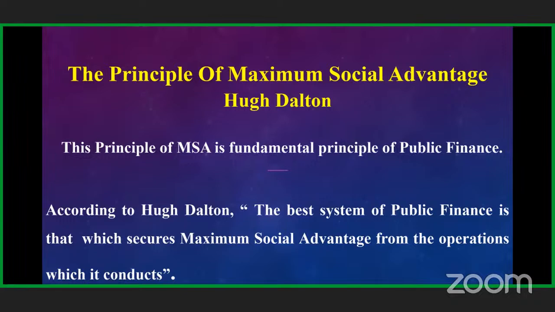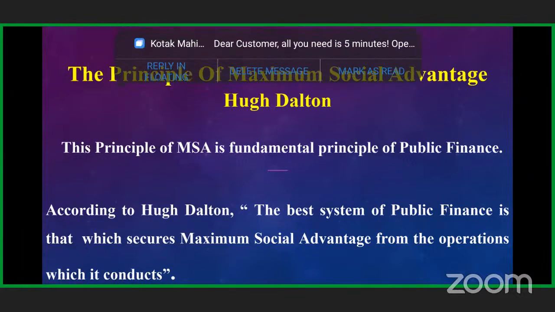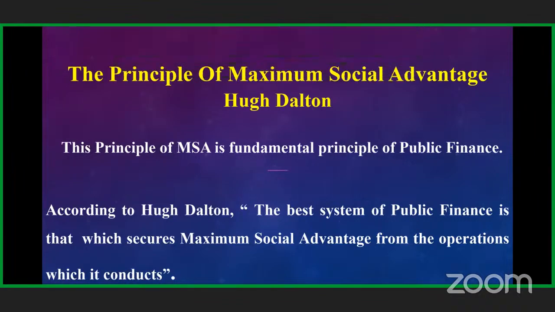They are public expenditure. By incurring expenditure, the government is providing various facilities or services to the people. Through this, taxpayers or people are getting some benefits. This is known as marginal utility or marginal benefit. It is also known as marginal social benefit.